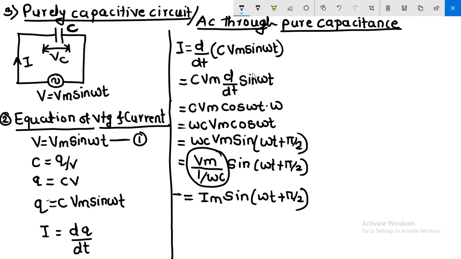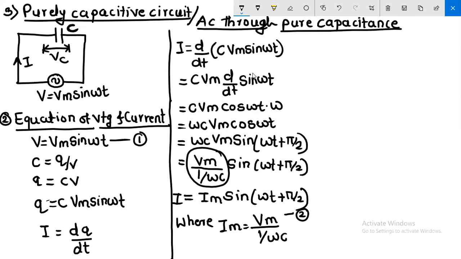So this is my equation of current. I am giving it as equation number 2. Now see what is the value of Im. I am writing here, Im is equal to Vm divided by 1 upon omega C.